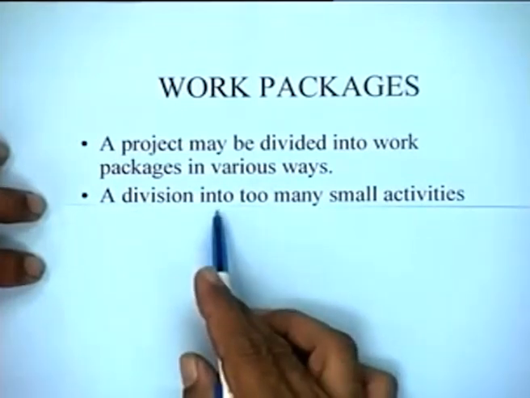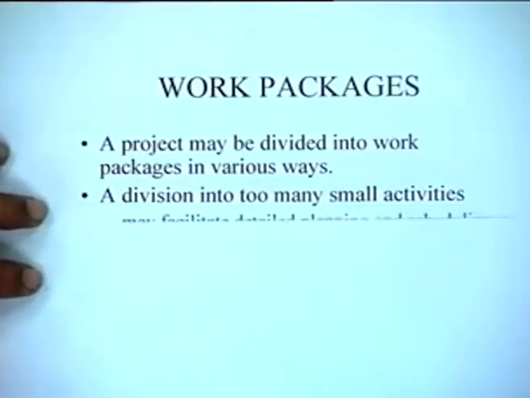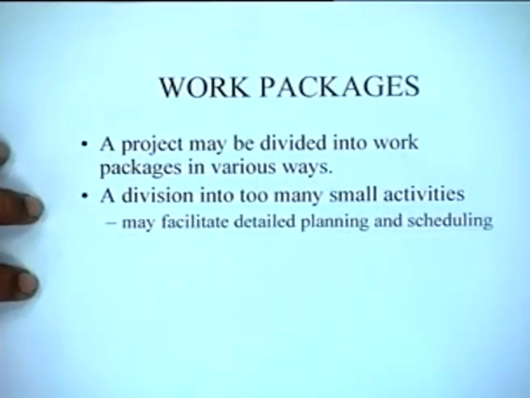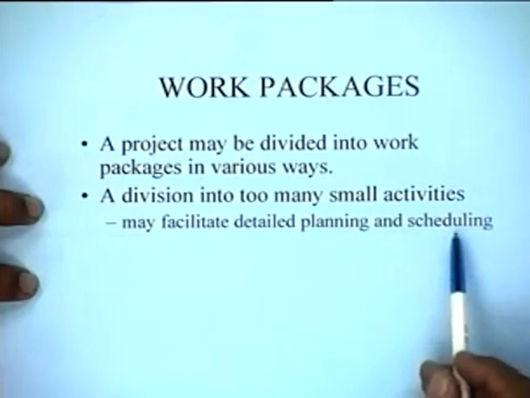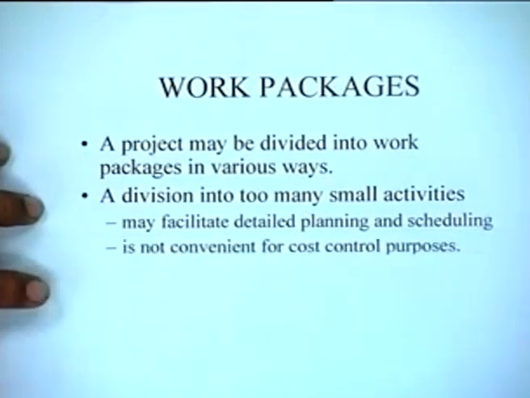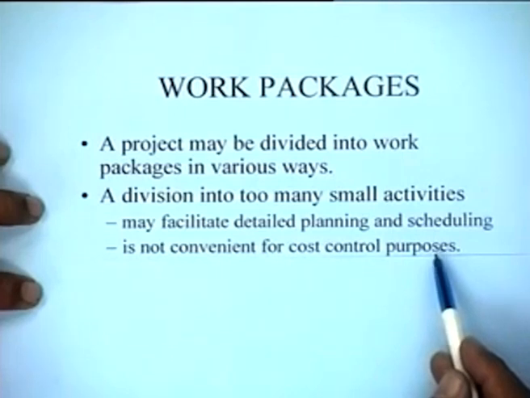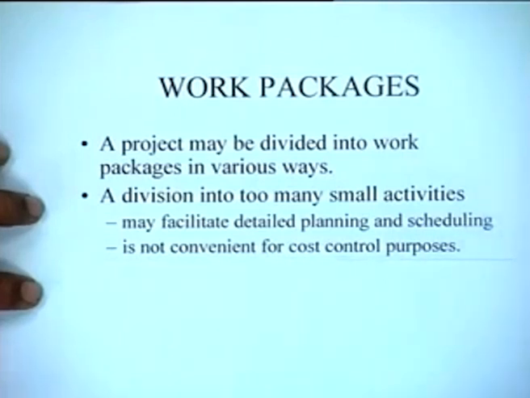So a division of the project into too many small activities may facilitate detailed planning and scheduling, because you have now detailed jobs which specify exactly what has to be done. So from that point of view it is beneficial, but it is not convenient for cost control purposes. Why is it not convenient for cost control purposes?